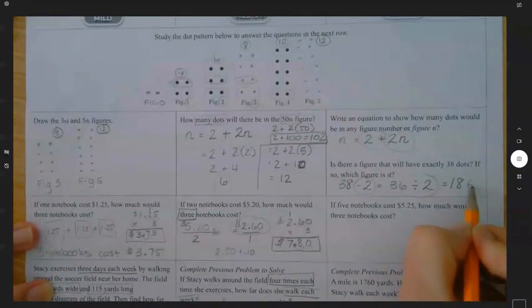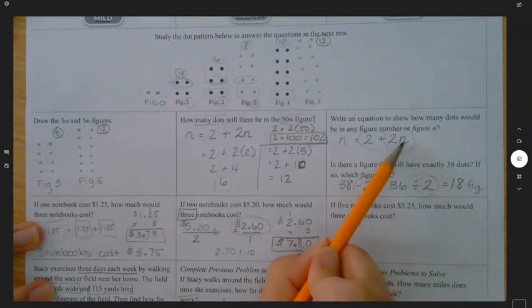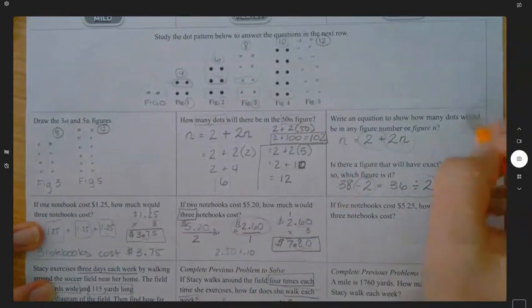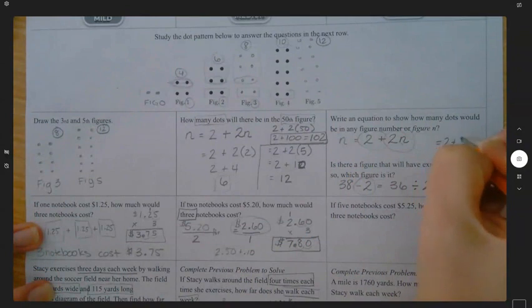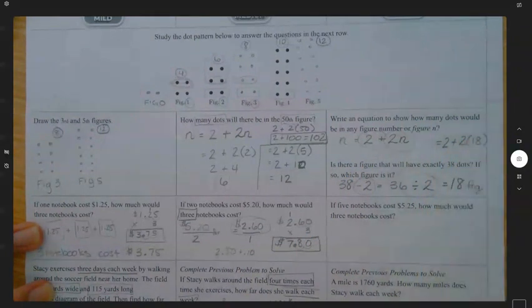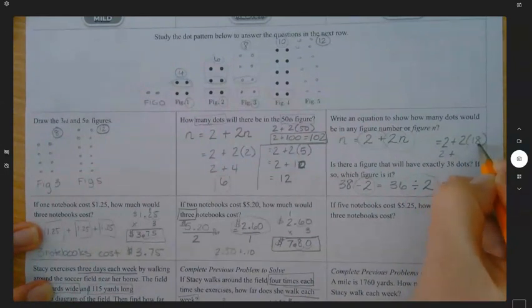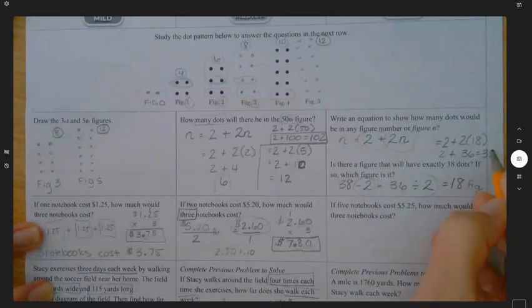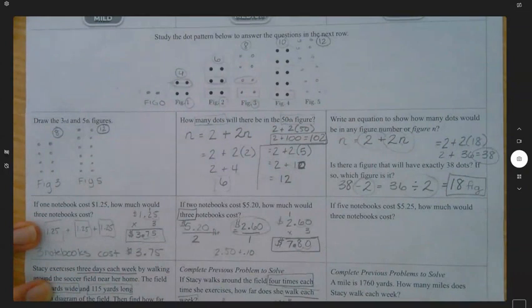So what we can do is check, is figure 18 the one with 38 dots, by putting 18 back into my equation, which would be 2 plus 2 times 18, 2 plus 36, and 38. So we are good. So the 18th figure would have 38 dots.